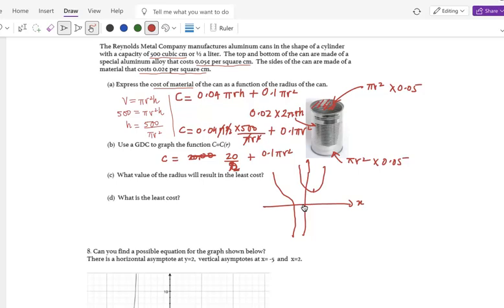So 3.17, and 9.47. That means the minimum radius would be 3.17 and the minimum cost would be 9.47.